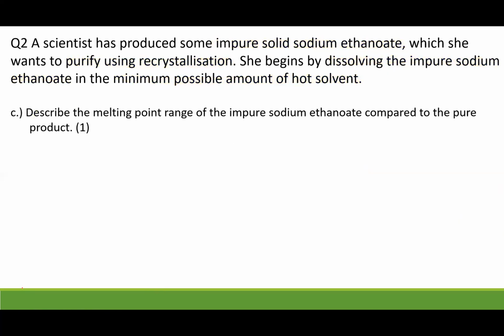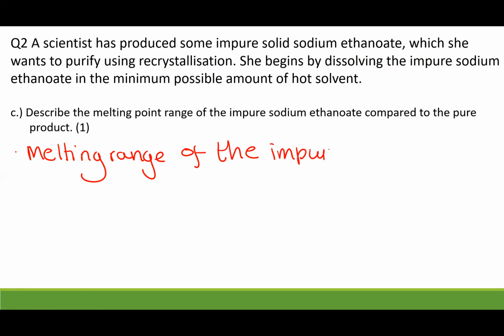The final part of this question asks us to describe the melting point range of the impure sodium ethanoate compared to the pure product. As we've said, when we have an impure product, the melting range changes and the melting point is lower. So the melting point range of the impure product will be lower and broader, and that's really important.